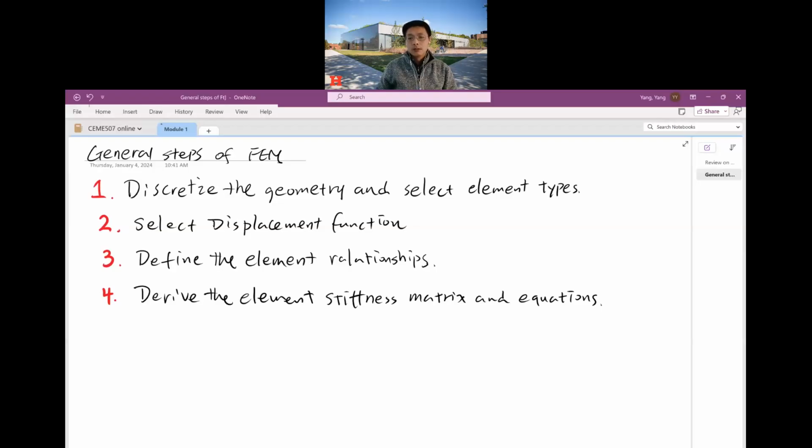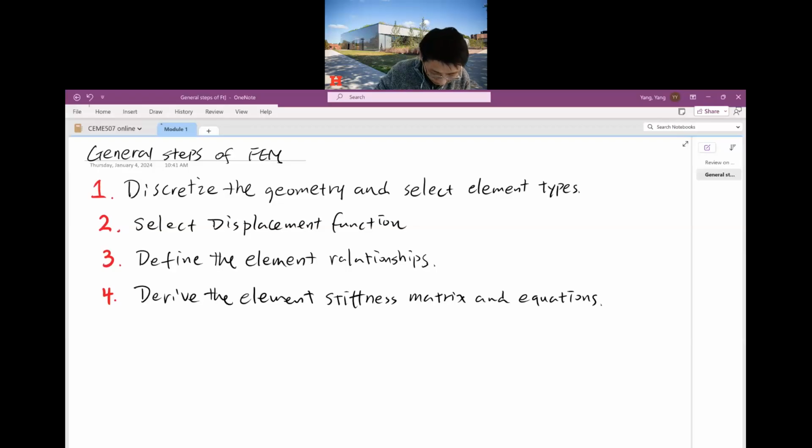So as long as we find out the relations between different physical factors here, we should be able to derive the stiffness matrix to represent the relations between forces and the displacements for an individual element here.